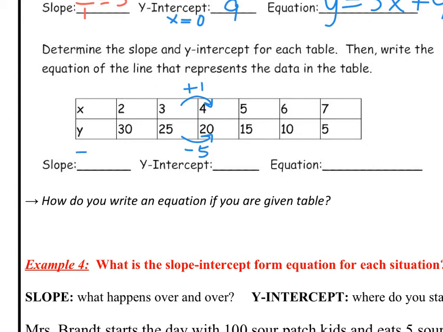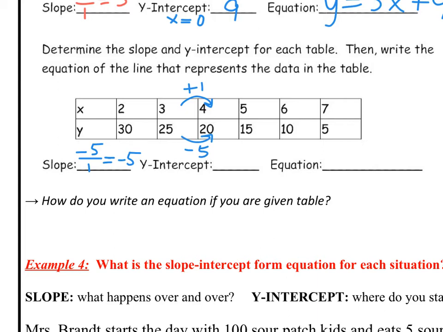So that would be -5 over 1, which is just -5. And then the y-intercept, again, is where x equals 0. Here's a problem. Do you see an x equals 0? We do not. So we need to add a 0 into the table.